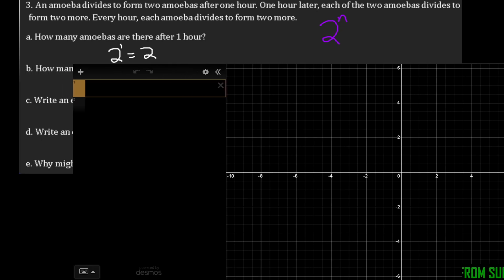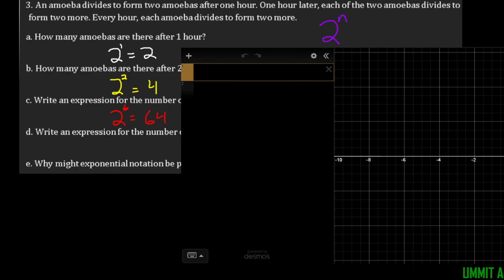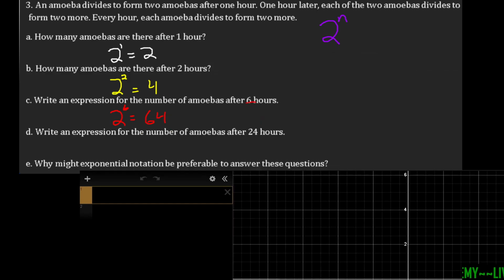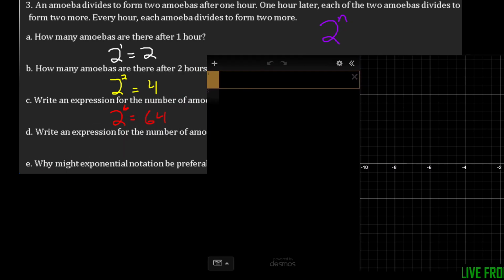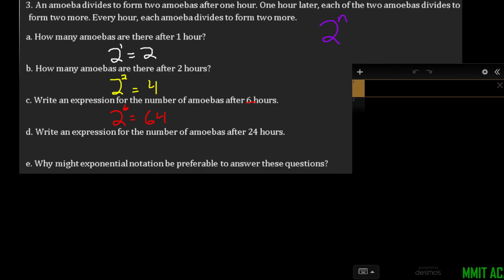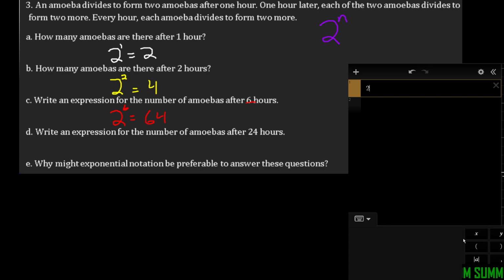Let me push that to the side, right here. All right, so what we want to do is in your Desmos calculator, hit that keyboard button so that you can see it.